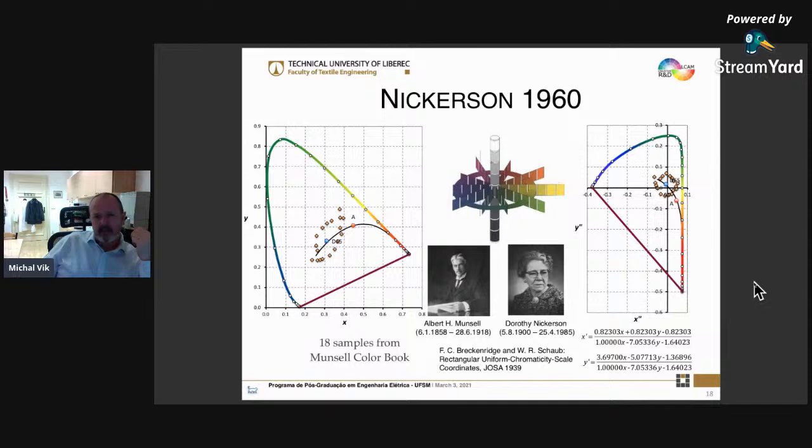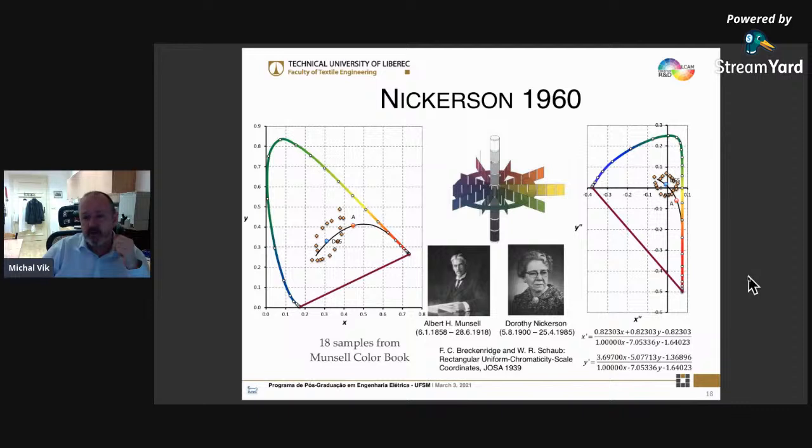In 1960, Dorothy Nickerson published an article about color rendering because she was responsible for evaluation of some materials at the US Department of Agriculture, and at that time she used the uniform chromaticity scale, which is called the RUCS.